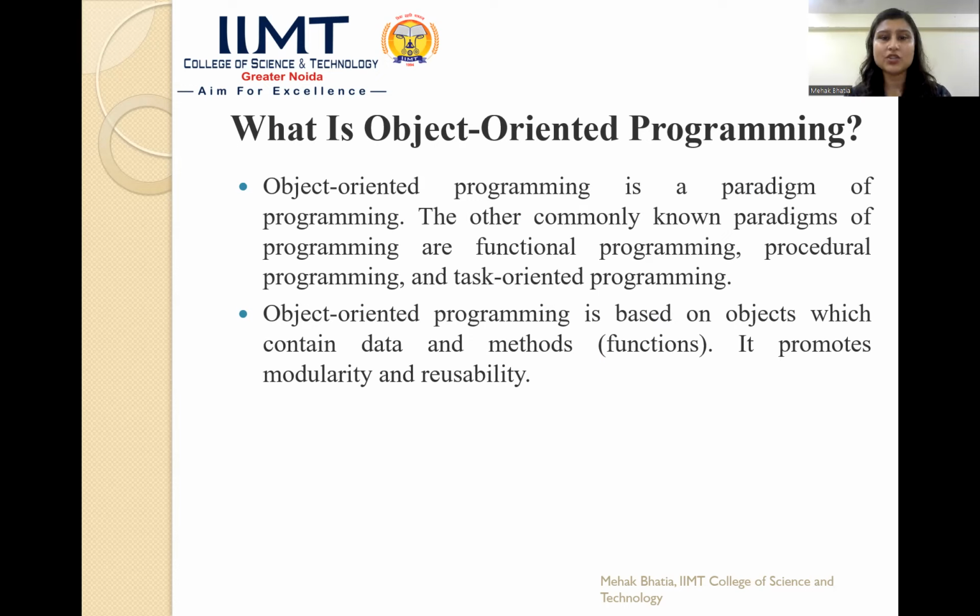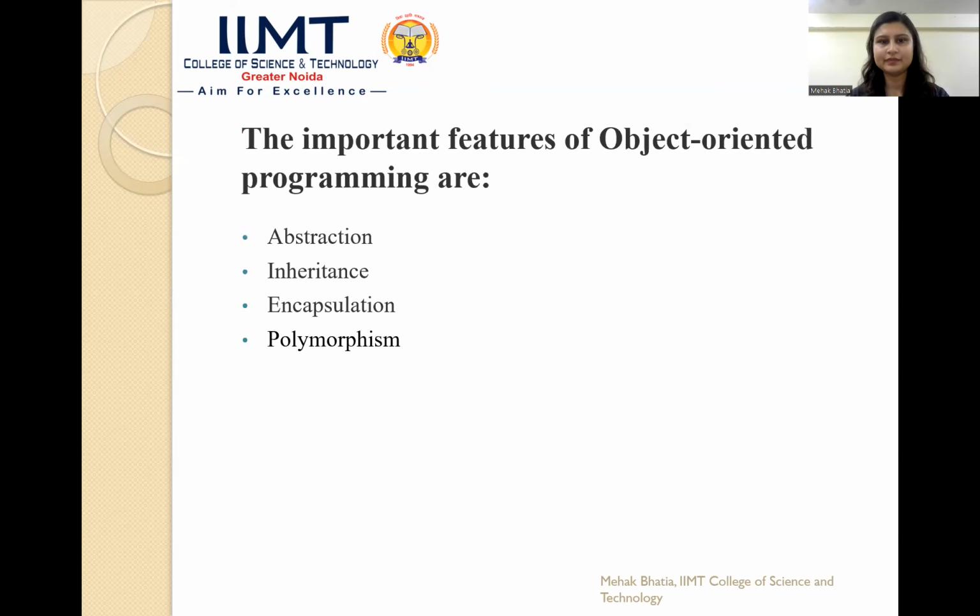Object-oriented programming is based on objects, which contain data and methods, which are also called functions in some programming languages. It promotes modularity and reusability. So object-oriented programming is basically based on objects and classes, which contain different data and functions or methods.